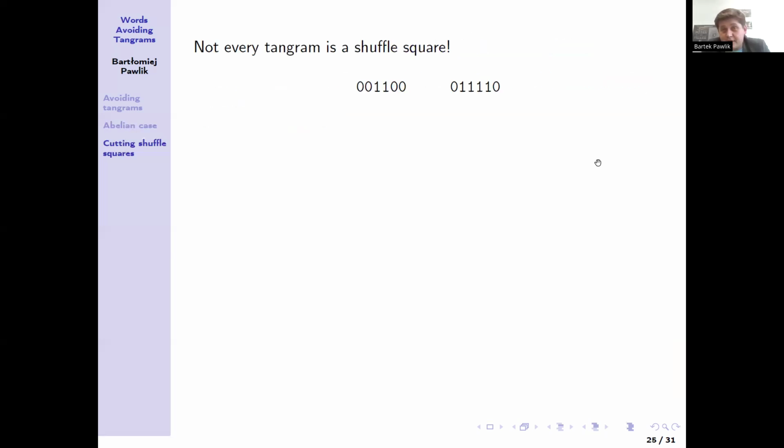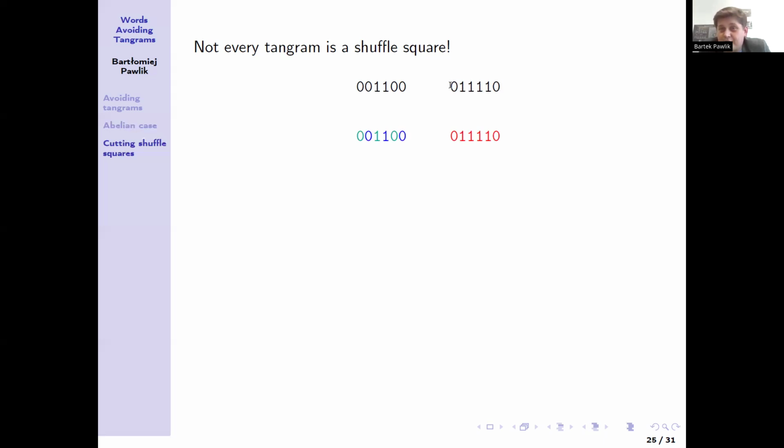Of course, every shuffle square is a tangram, but not every tangram is a shuffle square. Here we have a tangram which is a shuffle square: we can shuffle this word 0, 1, 0 with itself to get this 0, 0, 1, 1, 0, 0. But this other one is a tangram, but it's not a shuffle square, because it needs to start with 0 and then be followed by two ones.